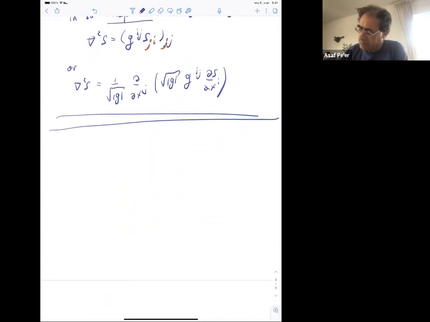So, just to clear up this point: a manifold. I told you the simplest way to remember it: a manifold is a space which locally looks Euclidean, but globally is not. And that's enough for any practical purpose that we have.